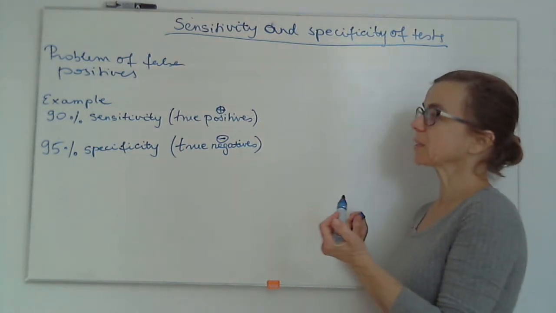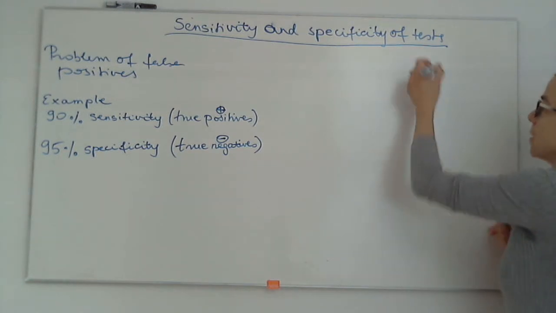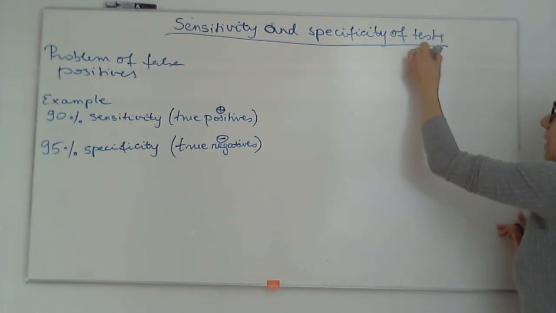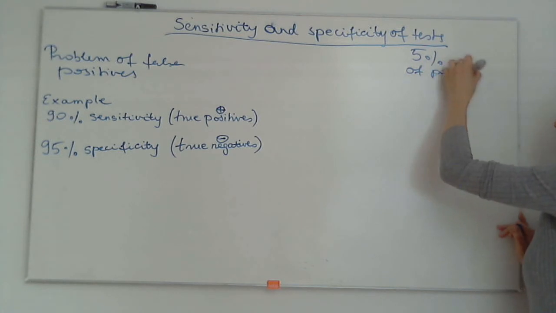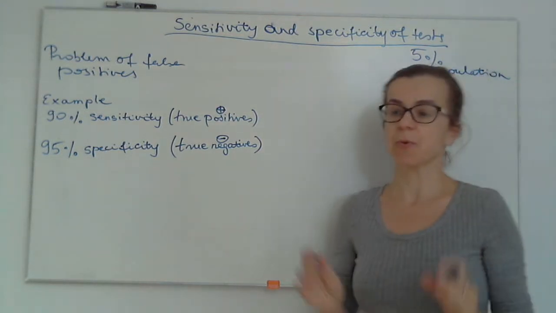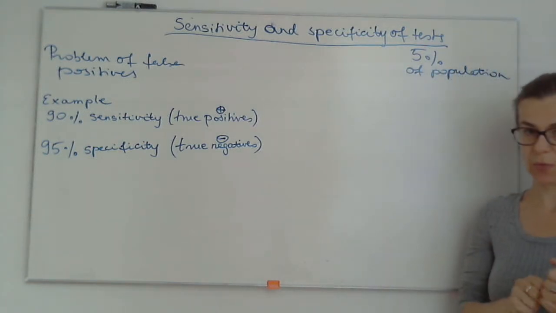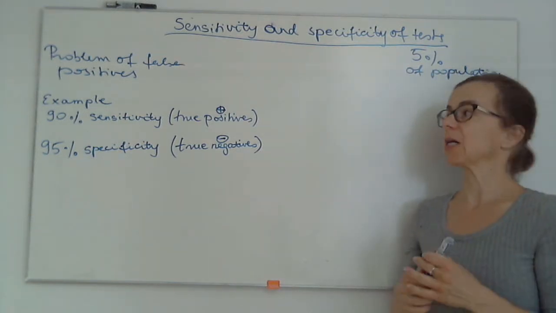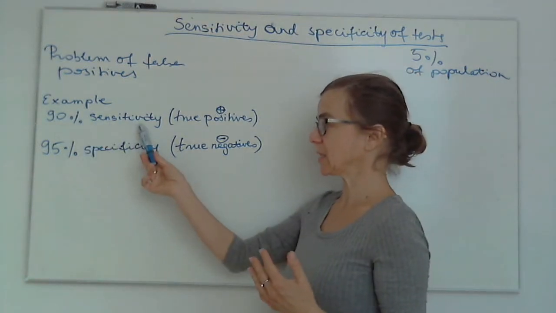So let's see what happens when you test for a disease that affects 5% of the population. Because of measurements in the population, we know that right now this disease affects about 5% of the population. This is quite a large number, and we have a test which has a 90% sensitivity.